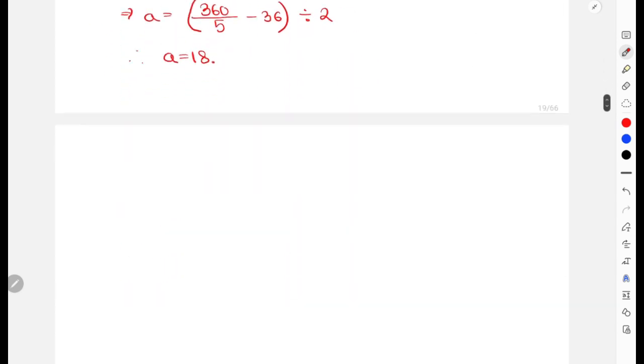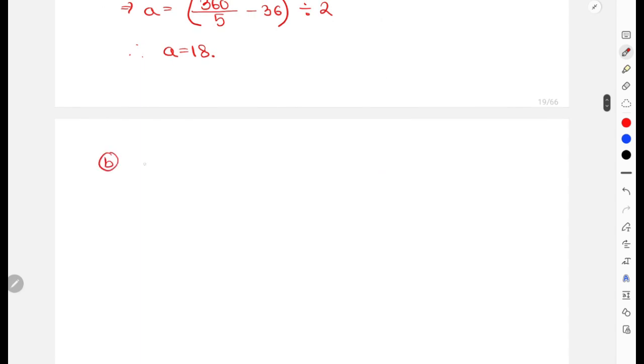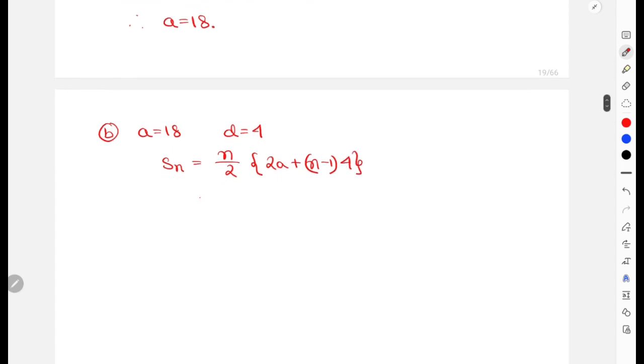We can show that. Now we have the value for a as 18, the value for common difference as 4, and we need to find out Sn, which is n divided by 2, 2a plus n minus 1, 4, which is going to be n divided by 2, 2a plus 4n minus 4.